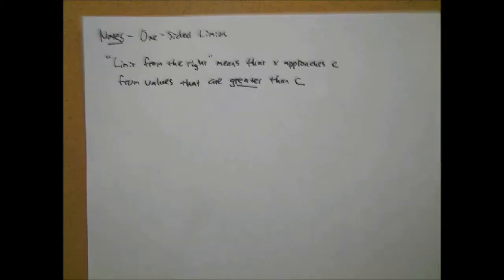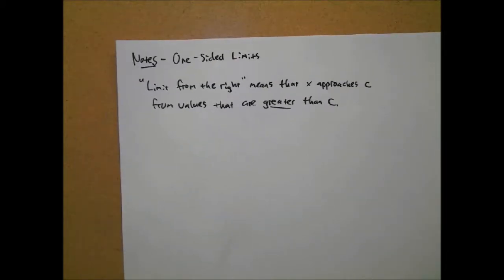On the right-hand side of c on the number line, those values are greater than c. You have to be a little bit careful, especially with negatives. Let's say positive 2. Numbers to the right of 2 on the number line would be 3, but also 4, but really 2.01, 2.001, 2.0001, and so on.